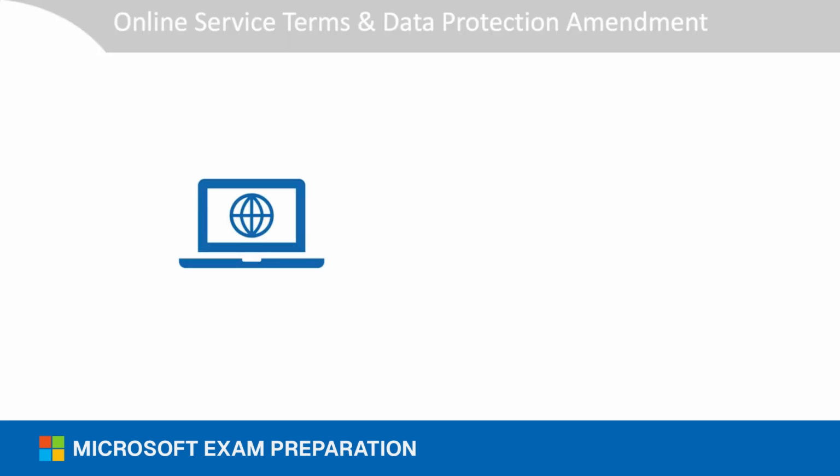Microsoft wants to make Azure's terms of service and their stance on data protection crystal clear. So they operate a web portal where you can read all about product terms. Now, as of this recording, Azure Terms of Service are available in a document called Online Service Terms, or OST.